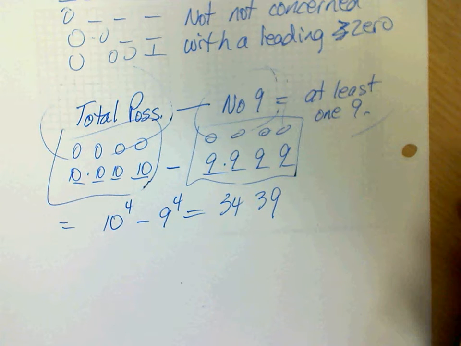If there are 10 to the 4th numbers that are less than 10,000, you're counting them as natural numbers, and that includes 0 itself. Technically speaking, if you are not regarding 0 as a natural number, it should be 10 to the 4 minus 1 minus bracket 9 to the 4 minus 1. Oh, fair enough. But we'll get the same answer, exactly.